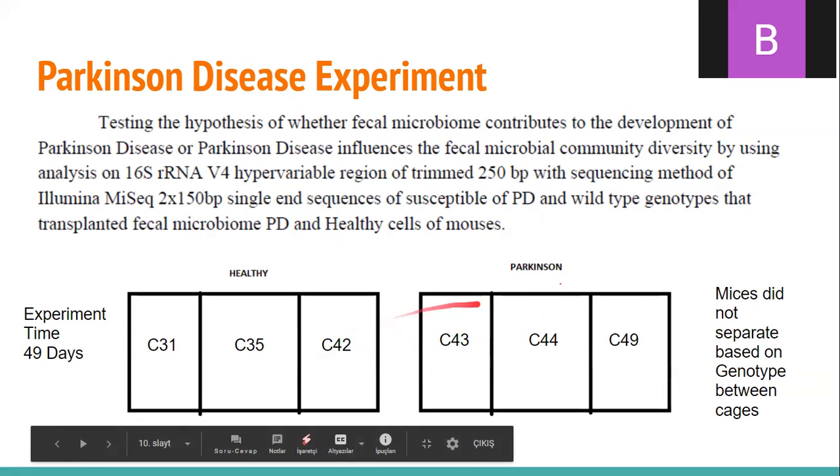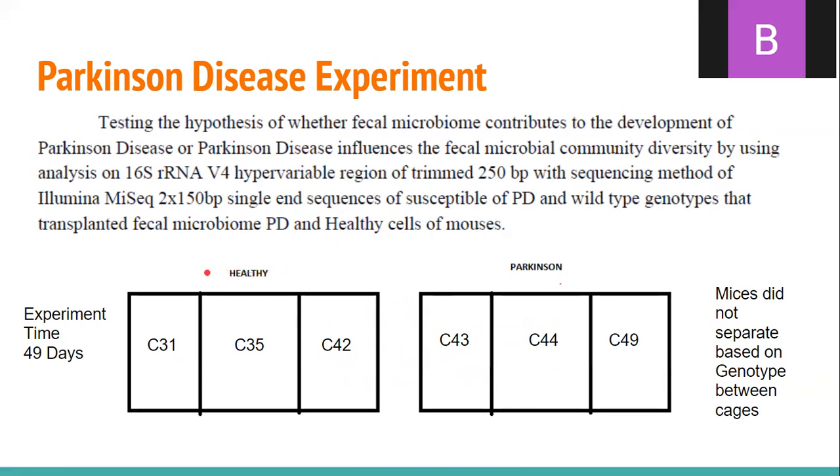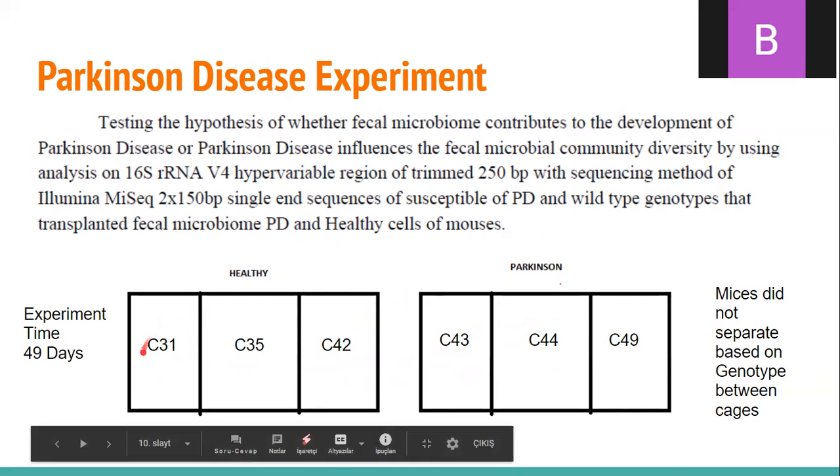They are not differentiated here, with the wild type here and the susceptible genotype here. These are all mixed. Then for 3 of these cages, healthy fecal microbiomes were transplanted. All of these mice have healthy transplantation, and all of these 3 have Parkinson's disease fecal microbiome transplantation.